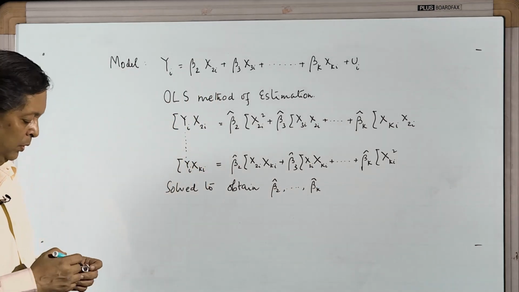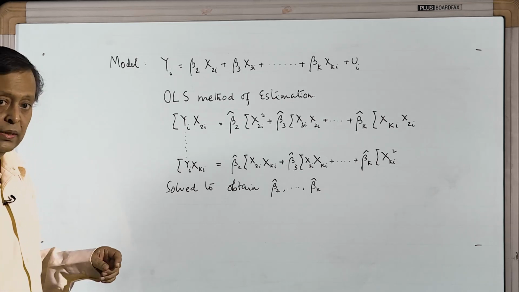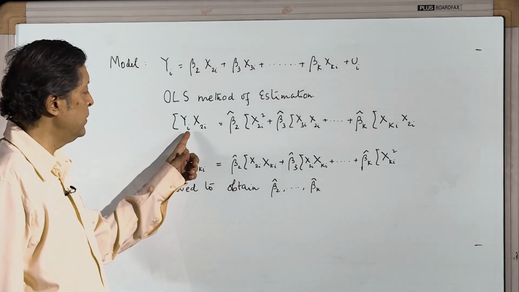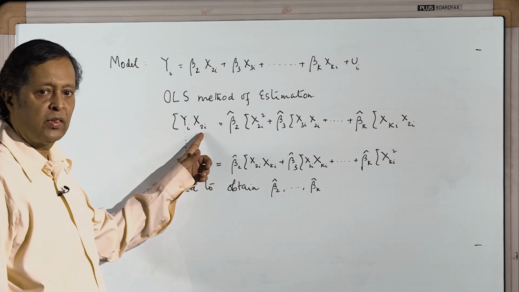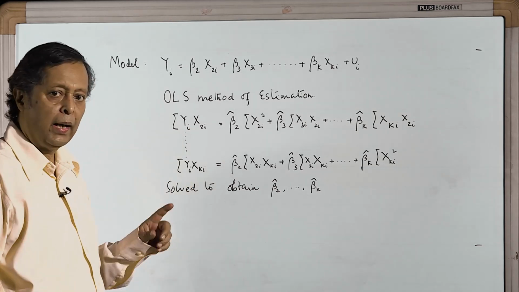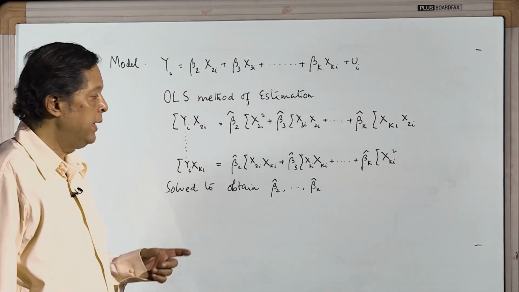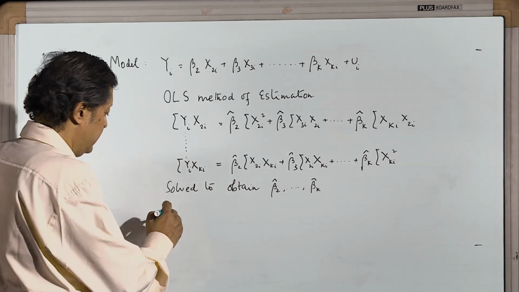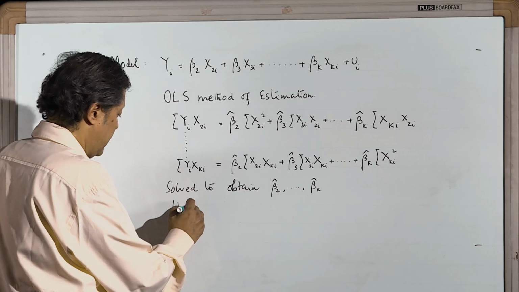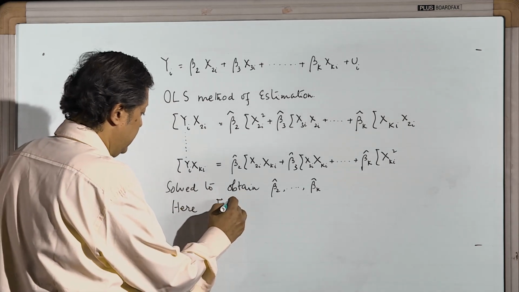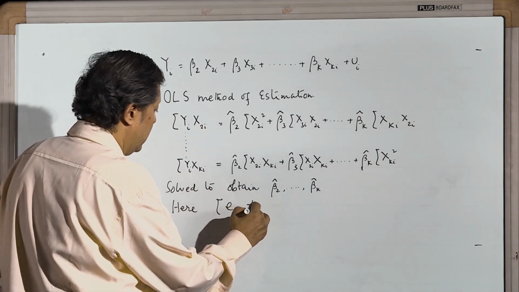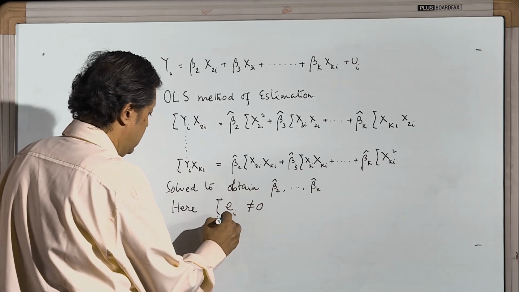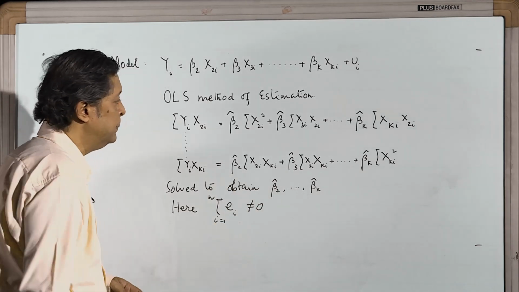Now, you would have noticed that the first normal equation begins with the product of y_i x_2i. So, unlike the earlier model where we had an intercept, the basic difference here is that summation e_i is no longer equal to 0, i going from 1 to n.